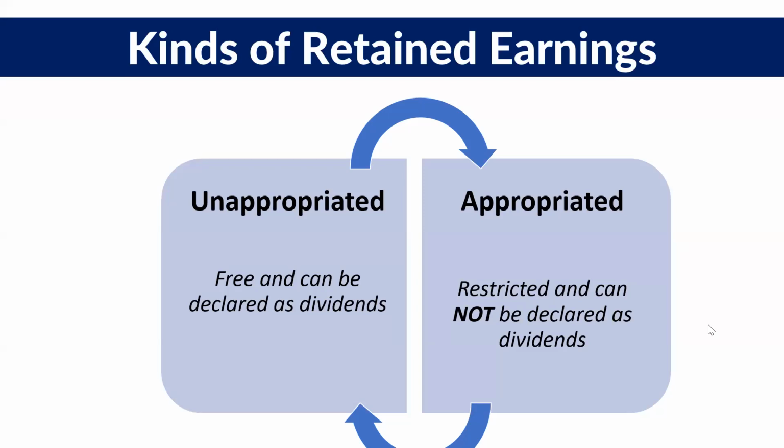For example, the board of directors plans to expand the business, so they transfer a portion of the unappropriated retained earnings to appropriated so it won't be touched or included in the declared dividend, so they know what this retained earnings is set aside for. If it is no longer applicable, for example the expansion is finished or the assets have been purchased, then you can transfer it back to unappropriated retained earnings.